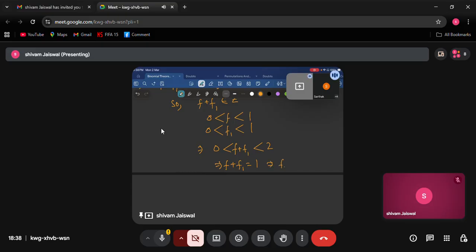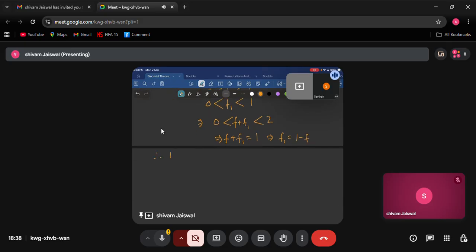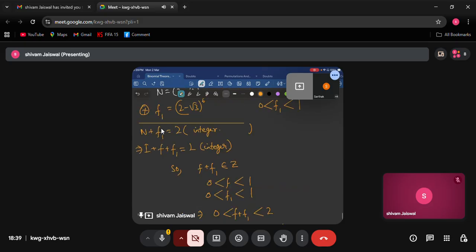This implies f1 is equal to 1 minus f, right? Therefore, n into 1 minus f is equal to n into f1, which is equal to 2 plus root 3 whole to the power 6 into 2 minus root 3 whole to the power 6, which is coming as 1. Okay, sir. Is it clear? Understood. Yes.